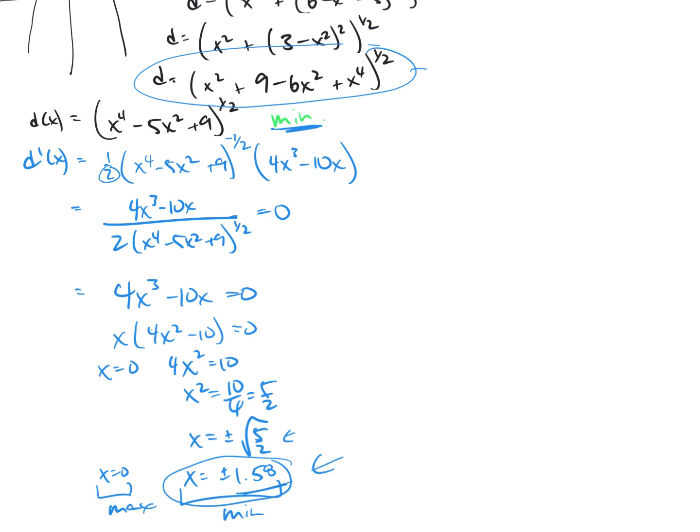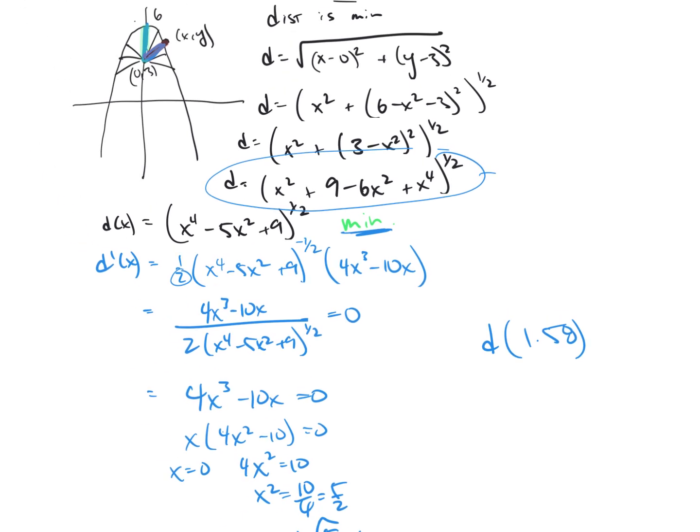And so if I want to find the minimum distance, I take the 1.58 and substitute it into d. When I do that, I get 1.66. And so that means when x is plus or minus 1.58, the distance is 1.66 away from the point (0, 3).